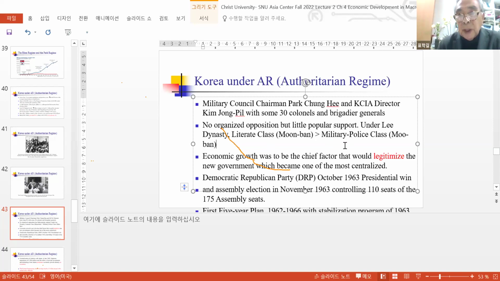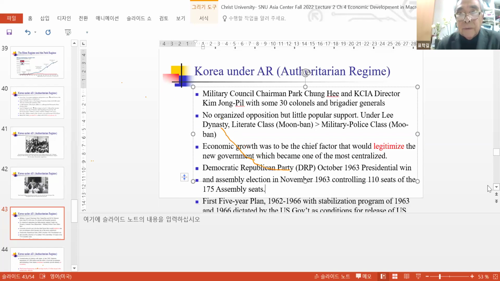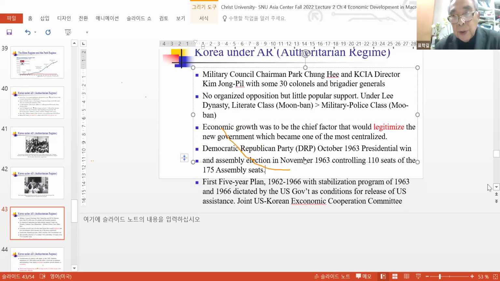to make their military coup d'etat legitimized. So the Democratic Republican Party was formed in 1963, President Park winning an assembly election in 1963 and controlling the assembly too. The first 5-year plan was launched with the stabilization programs of 1963 and 1966, dictated by the U.S. government as a condition for release of U.S. assistance.